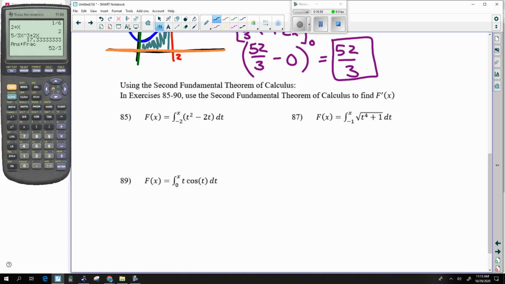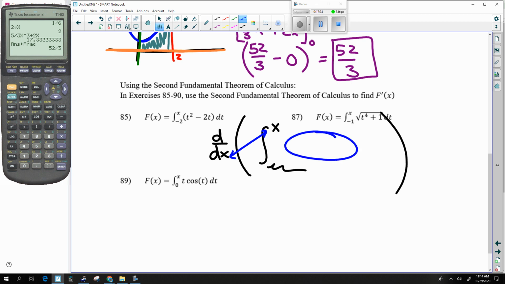Okay, the second fundamental theorem of calculus says this. If I have an upper bound of x, and whatever number down there, I don't even care what number, and I'm taking a derivative with respect to x of this, where x is the upper bound with some constant at the bottom, what's going to happen is whatever is going on inside, like it could be t to the third minus 2t plus 4 or something like that, you're just going to replace the t with the letter x.